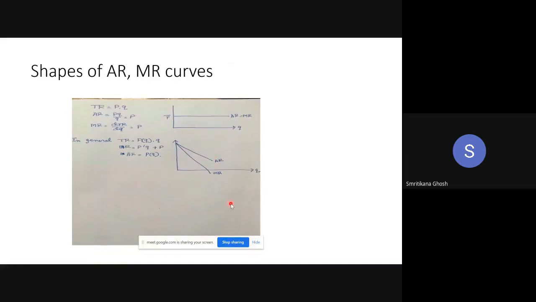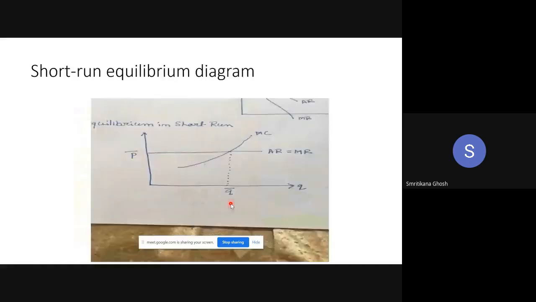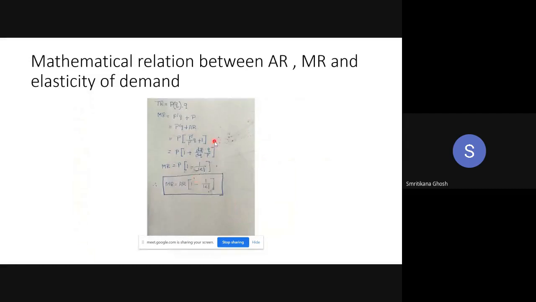Okay. So this is how you can get the relationship between AR, MR and elasticity of demand. Okay. I think it is okay. Sometimes some values are given in very simple questions. Generally, this question comes in the general course. But if by chance the question comes in the honors, the value of AR, that is price, and elasticity are given, and the third, there are three variables, na? MR, AR or P and elasticity.